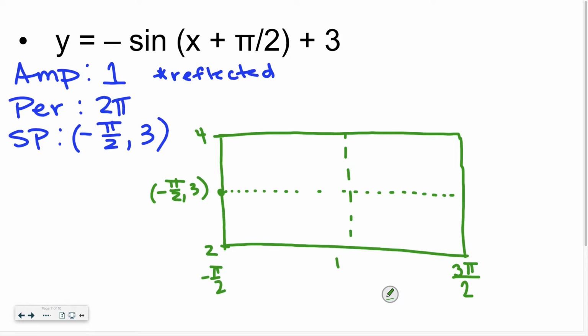If you need to go off to the side and do some scratch work, we have negative pi over 2 plus 3 pi over 2. That's how we would find a midpoint, right? Add them together, divide by 2. Well, when we add these together, we would get pi. So that's how we get pi over 2 for the middle.